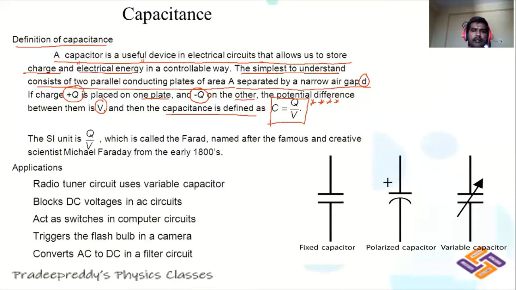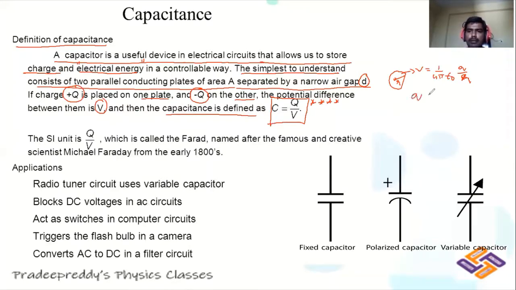Now let us learn the definition of capacitance. As I told you, we have a charged conductor. It has some radius r. It has some potential V. What is its potential? 1 by 4 pi epsilon naught Q divided by R, where R is the radius of this conductor. Now from this, what do you write?